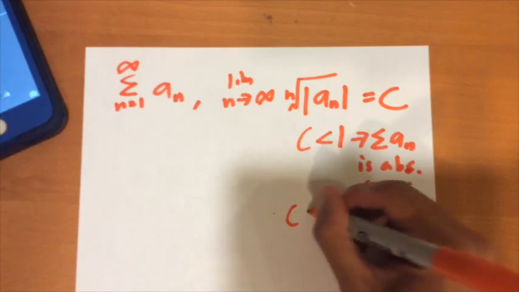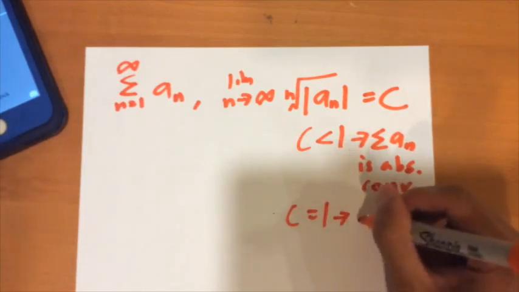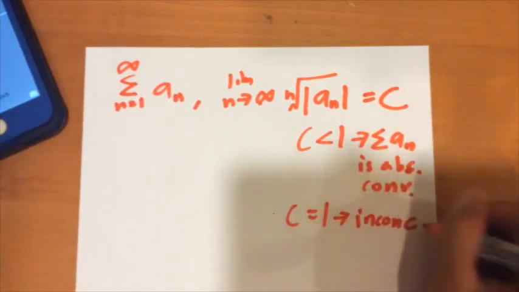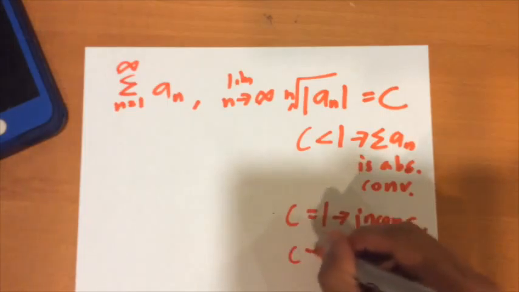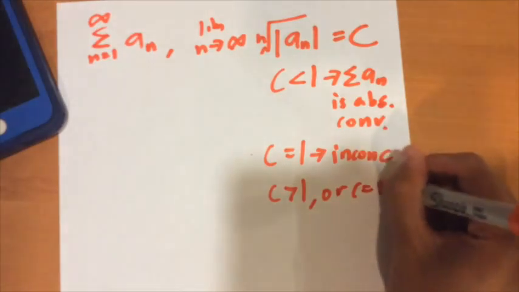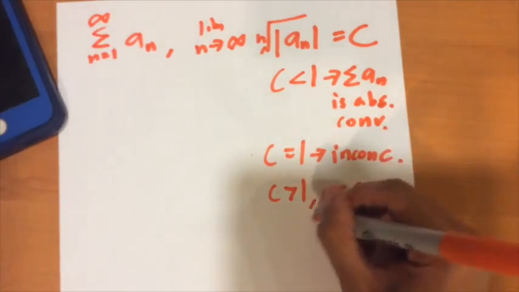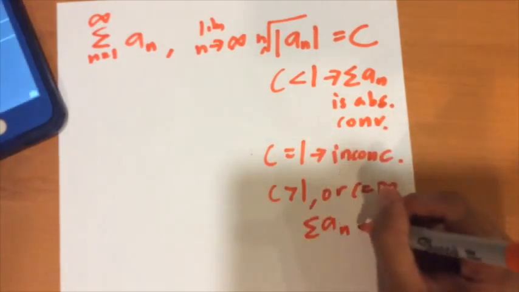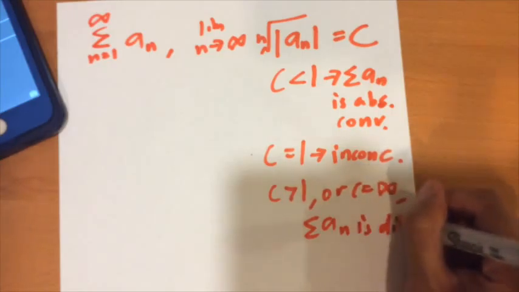If this constant equals 1, the root test is inconclusive. If this constant is greater than 1 or equal to infinity, then the summation of a sub n would be divergent.